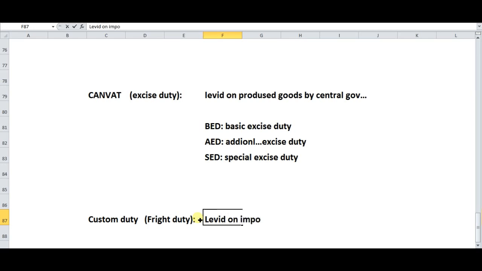Levied on import goods by the central government body.